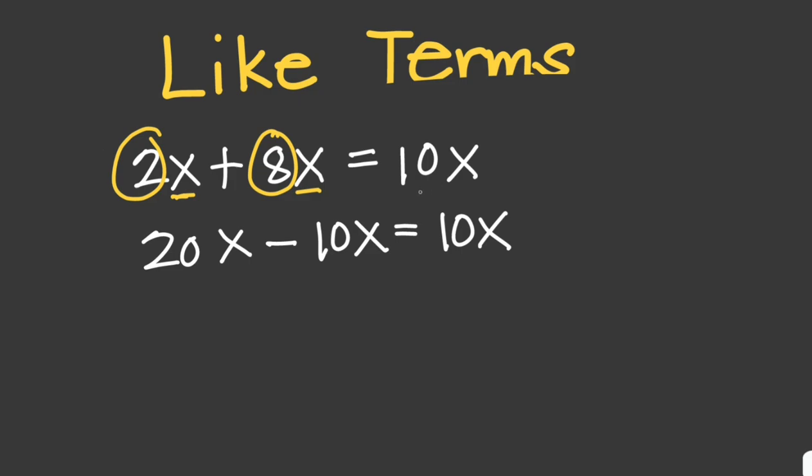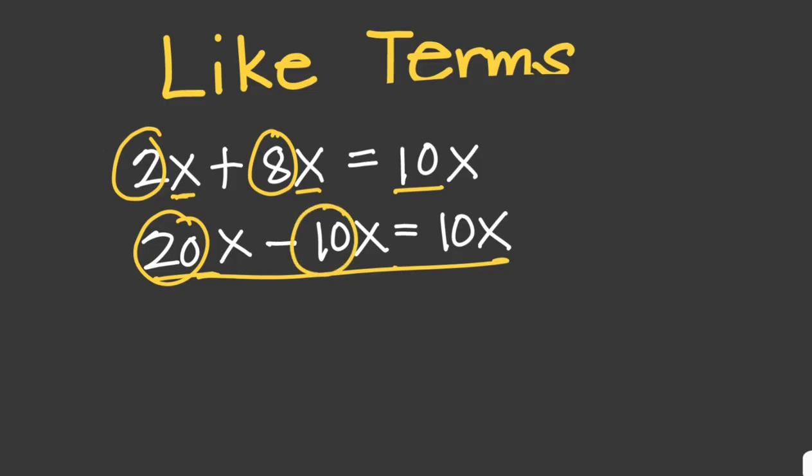So 2 plus 8 is 10. Then you copy the variable x. And for the second example, 20x minus 10x, you just have to subtract the coefficients 20 and 10. So 20 minus 10 is 10. Then you copy the common variable.